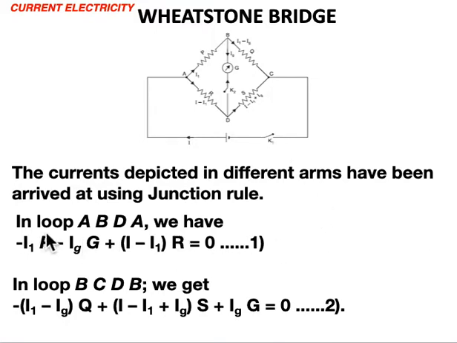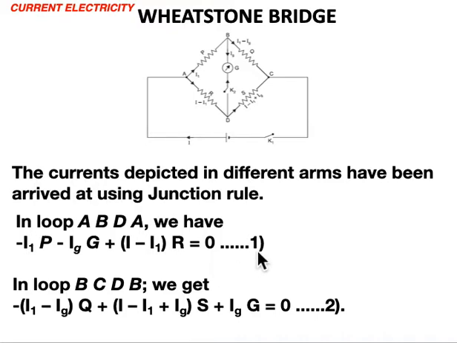Now, let us see the equation which we get when we apply the loop rule to ABDA. The galvanometer resistance will be denoted by capital G. AB along the current, so I1 into P will be negative, minus I1 P minus Ig G. Here we are against the current, plus I minus I1 into R equal to 0.